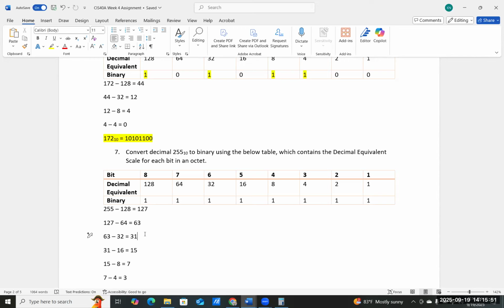I put a 1 there because I subtracted it, and I have a remainder of 15. 15 is larger than 8, so yes, I can subtract the next value. So 15 minus 8, I put a 1 here because I subtracted it, and I have a remainder of 7.